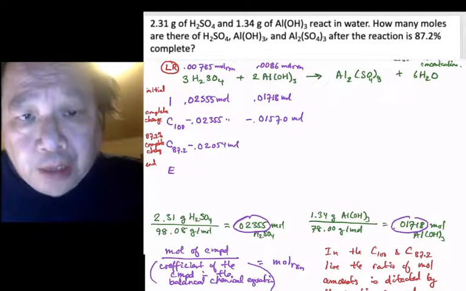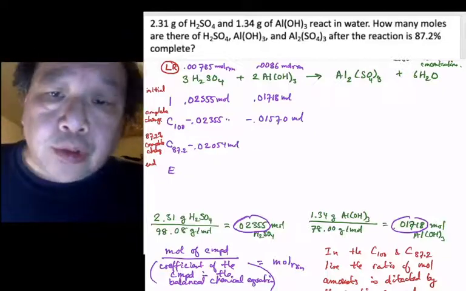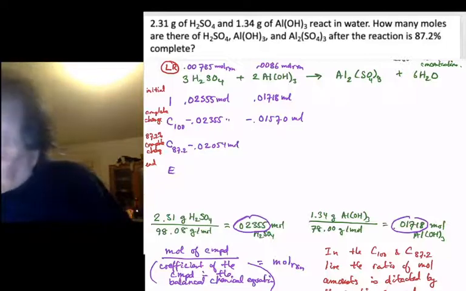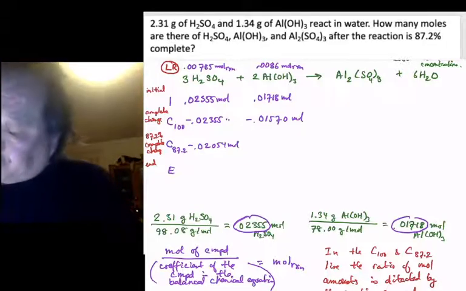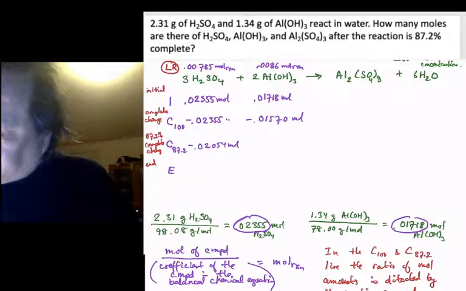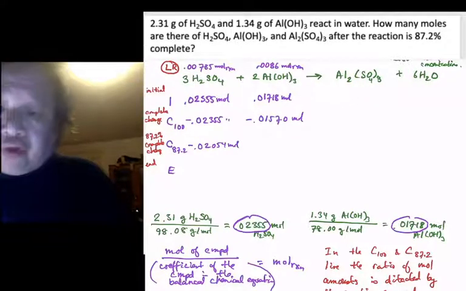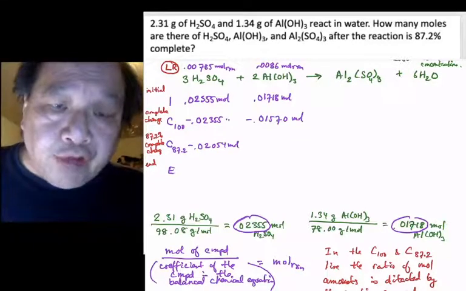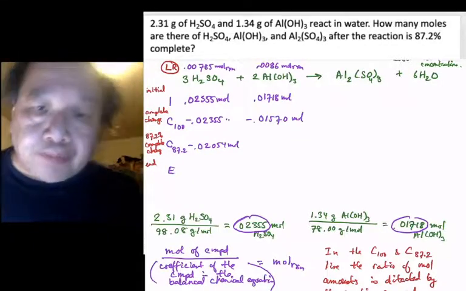And how many Al2(SO4)3 will be made? For every 3 H2SO4s used, 1 Al2(SO4)3 is made, and therefore the number of moles of Al2(SO4)3 will be 0.02355 divided by what? Put it in chat, please.